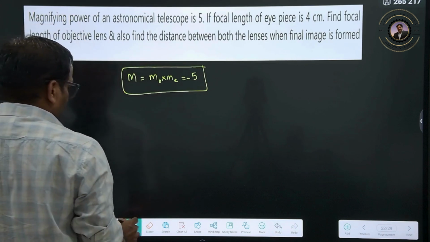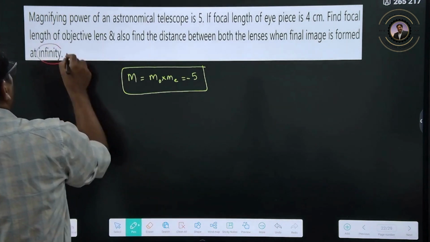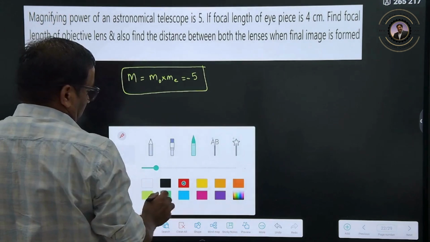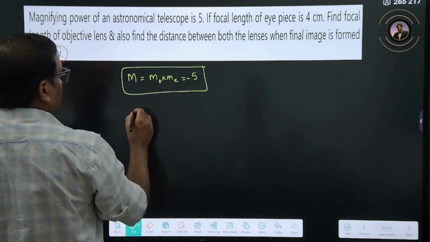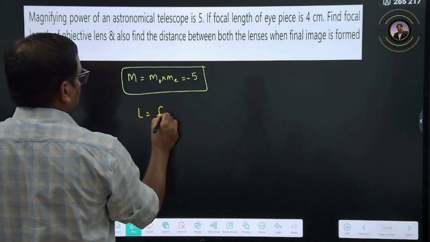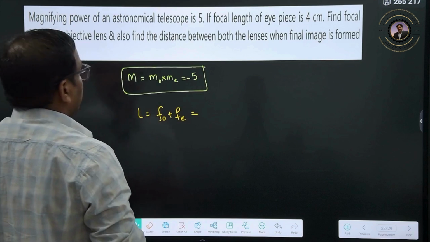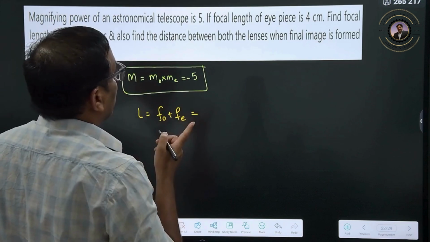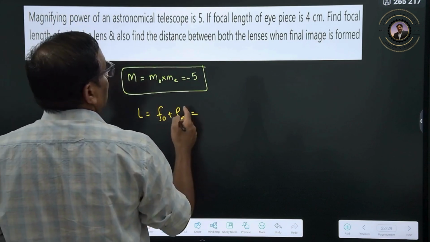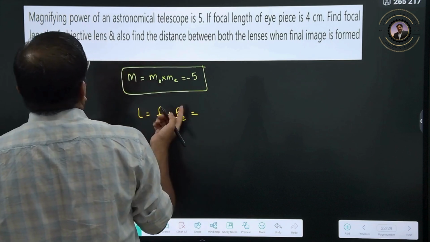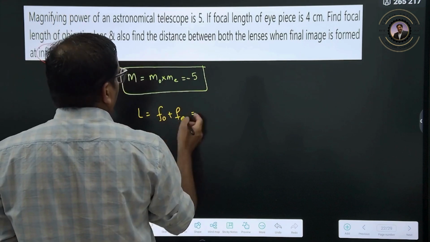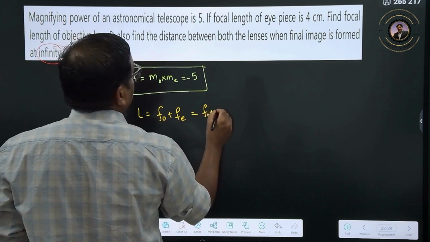Final image at infinity means it is very simple. L equals f_O plus f_E. He is asking for the distance between the lenses. The focal length of the eyepiece is given, and the focal length of the objective we don't know, so it is f_O plus 4.